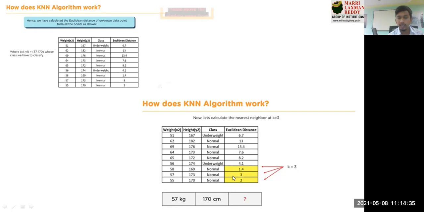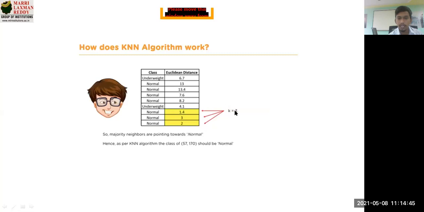Then if I make my decision for these values, I am saying that the new point, that is 57 weight and 170 centimeter height, belongs to the normal category because the majority of neighbors are pointing to the normal category.